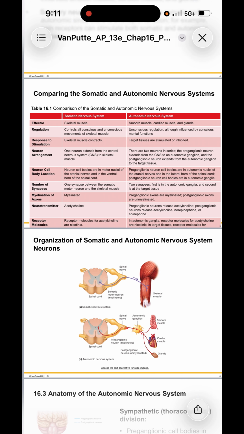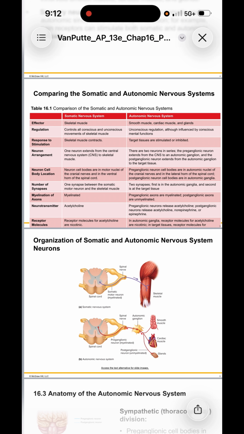Regulation: somatic nervous system controls all conscious and unconscious movements of skeletal muscle. Autonomic nervous system, unconscious regulation, although influenced by conscious mental functions. Response to stimulation: somatic nervous system, skeletal muscle contracts. Autonomic nervous system, target tissues are stimulated or inhibited.